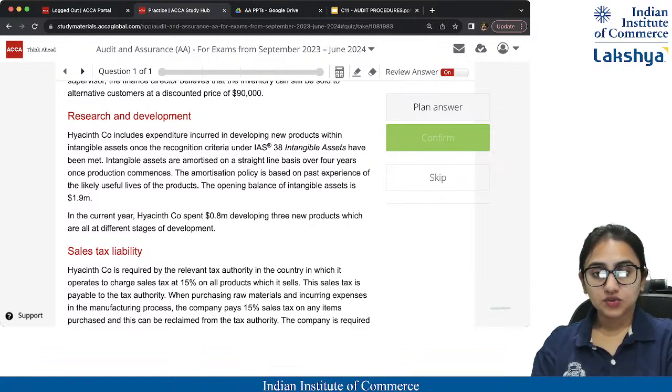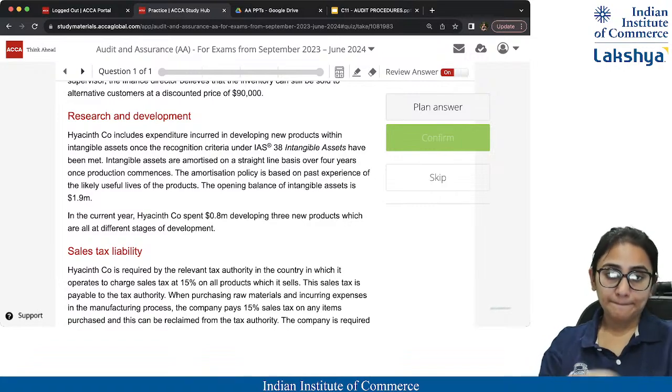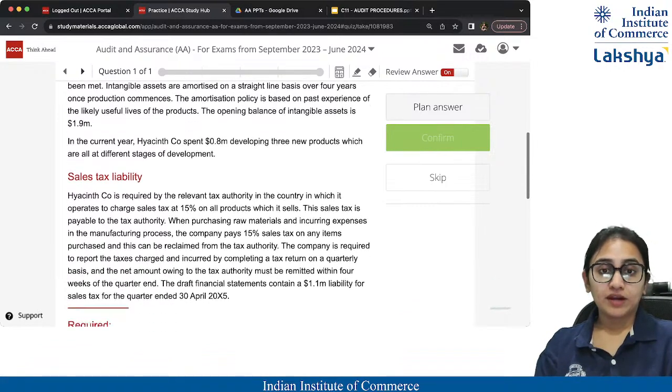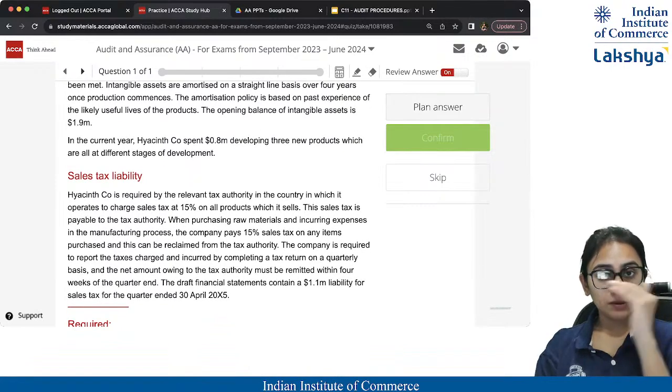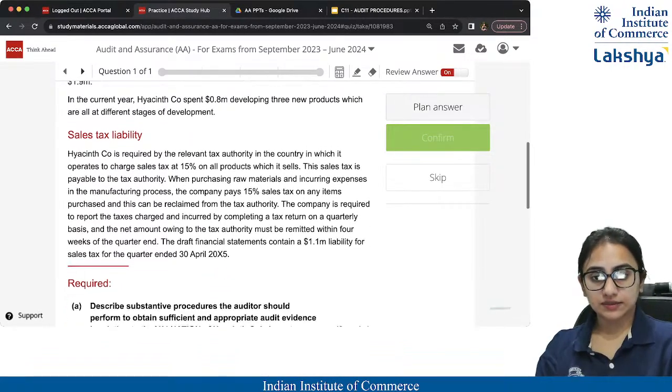The opening balance of intangible assets is $1.9 million. In the current year, Hyacinth Company spent $0.8 million developing 3 new products, all at different stages of development. And according to IAS 38, only assets that meet this development criteria can be capitalized.